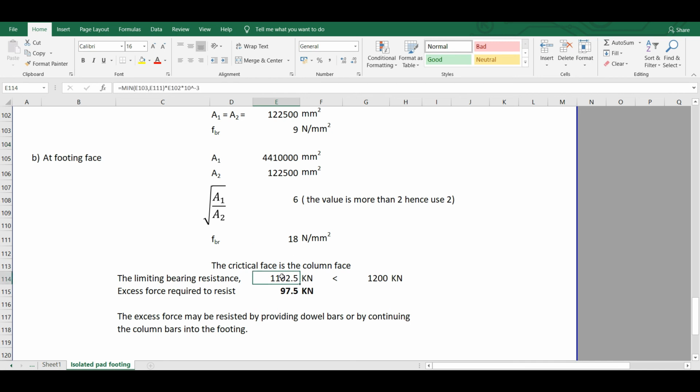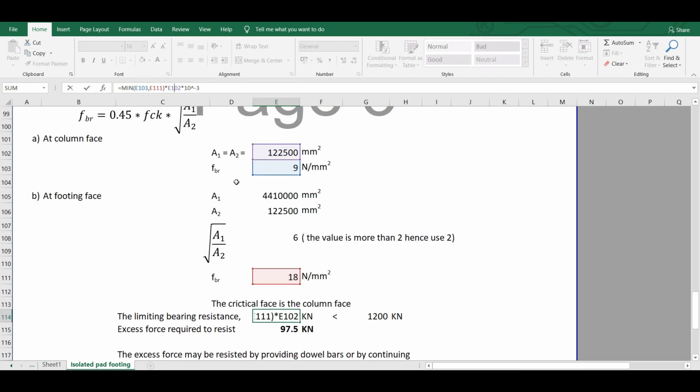That is 9 multiplied by the area of the column, 122,500, multiplied by 10 to the power of minus 3 to convert it into kilonewton. So 9 multiplied by 122,500 will give 1102.5 kilonewton.